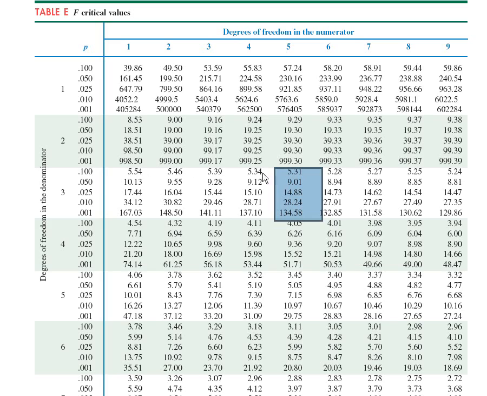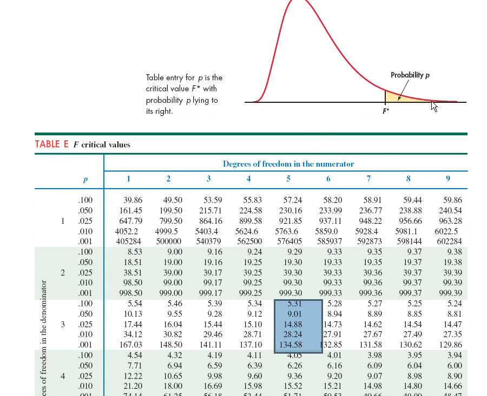These 5 numbers represent that the F critical that leaves 0.1 in the right tail is 5.31, 0.05 in the right tail, 9, 0.025 in the right tail, 14.88, etc. The smaller the value in the right tail, the bigger the F value will be. You have to move further out to leave less and less probability in that right tail.